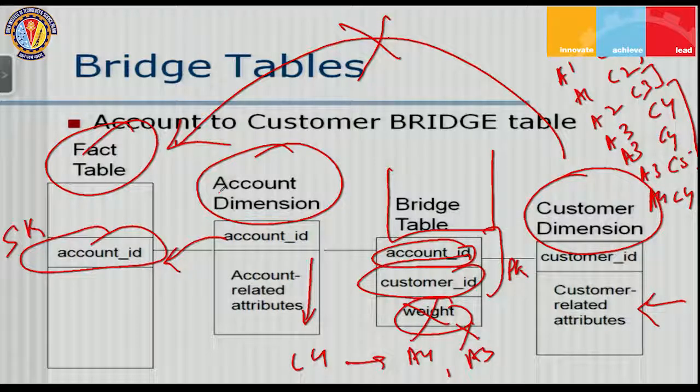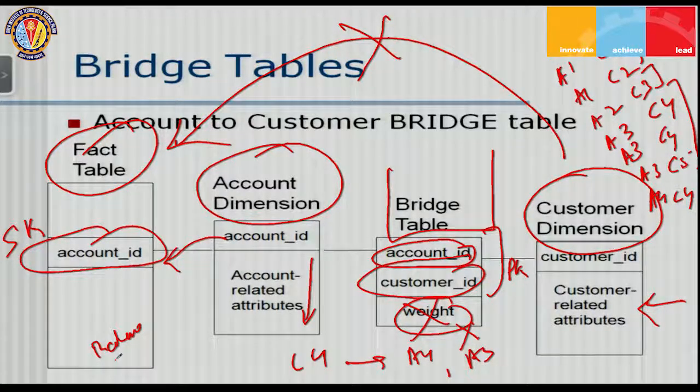Suppose one of the facts I'm storing is balance. So suppose I wanted to check the balance of this particular person, over a period of, say, a month, what is the maximum balance that he has in these two accounts. So that I can do. So this is the solution to multi-value dimensions.